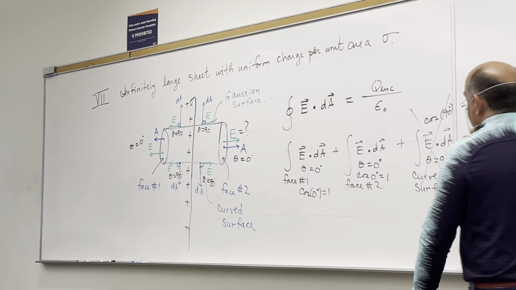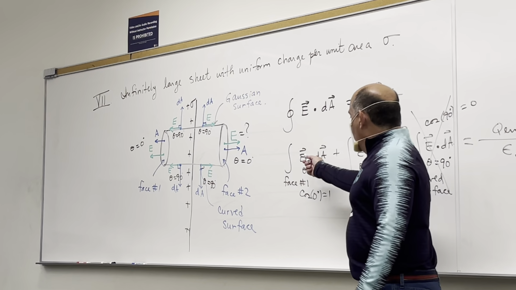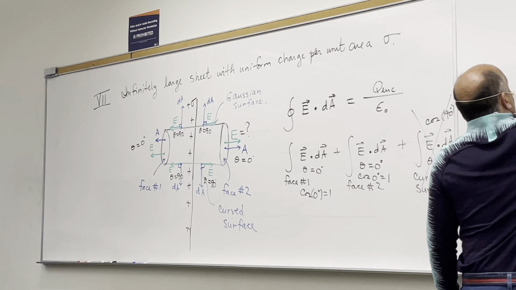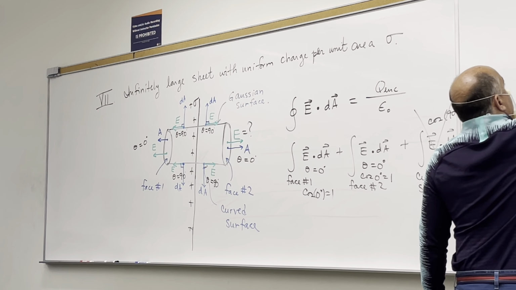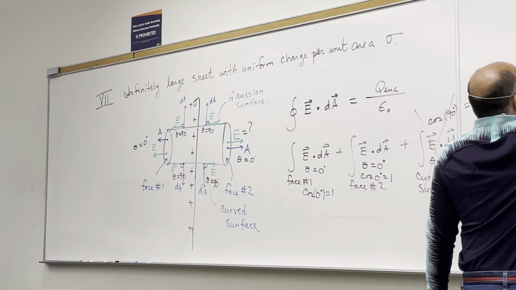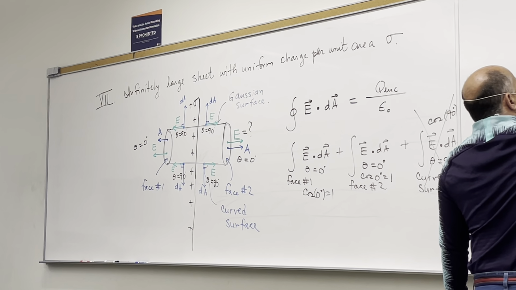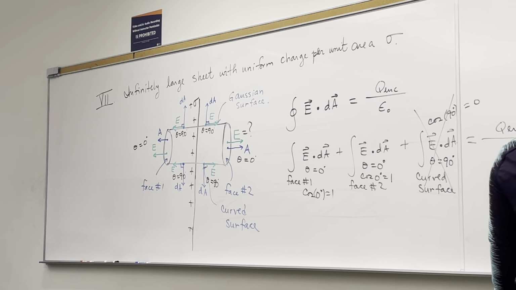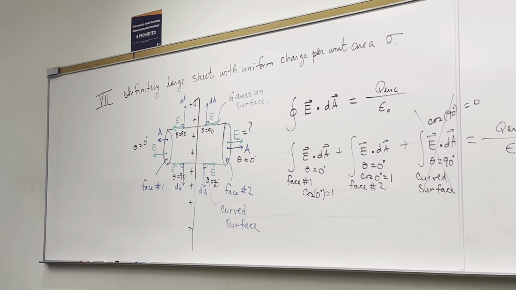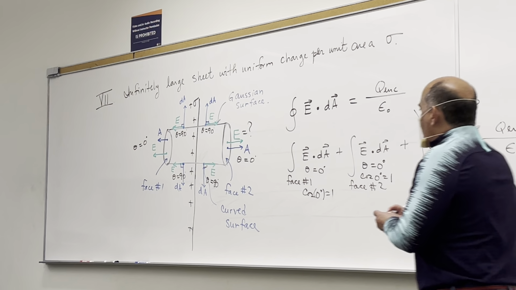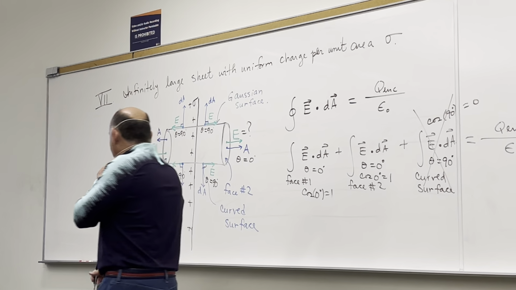So we get, over face number 1, E dA cosine of 0 degrees, plus face number 2, E dA, plus 0, equals, what is the total charge inside the Gaussian surface?